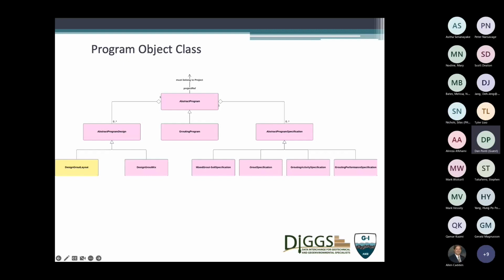Grouting activities such as the target depths, target pressures, and target strengths would be part of the grouting performance. We also have grout design information, and the yellow box is a to-do for being able to identify grout layouts, borehole layouts, and that sort of thing. So again, this is the beginnings of that part.